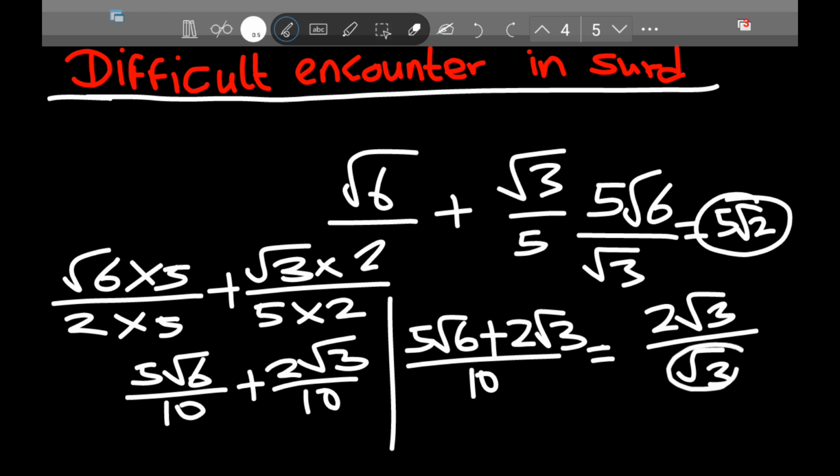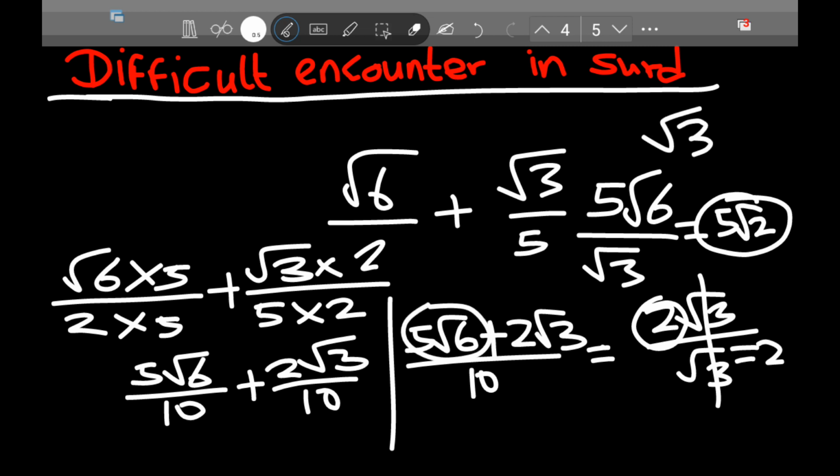So you can see that root 3 will cancel the root 3. So the root 3's will disappear. So leave behind this 2 over here. So it should give you 2. Therefore, what you can factor out should be root 3. Because root 3 can divide 5 root 6 and can also divide 2 root 3.